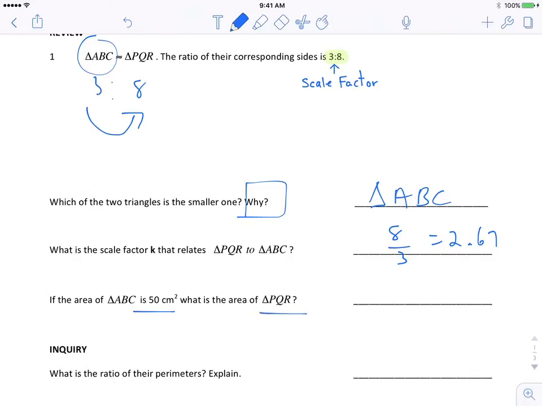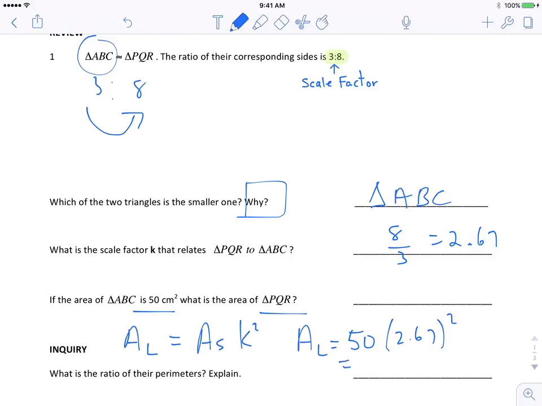We learned last day that the area of the larger is equal to the area of the smaller triangle times k squared. So what we're going to do here is fill in what we know. We know the area of the larger triangle is going to equal the area of the smaller one, which is 50, times 2.67 squared.